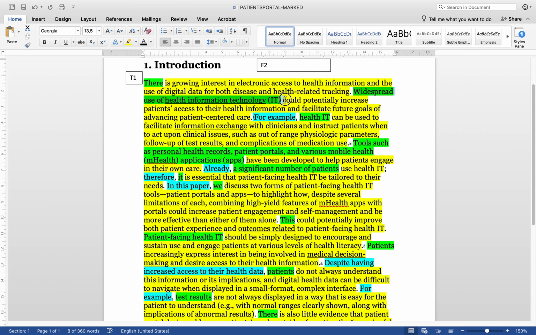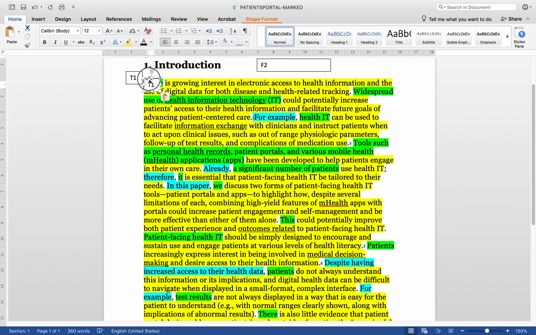Widespread use of information technology.' Okay, now here we have a more specific topic already. It's far more specific than the generic 'there'. So we have a topic here, and since it's more specific, we need to think about where it comes from. Let me organize this a little bit there.